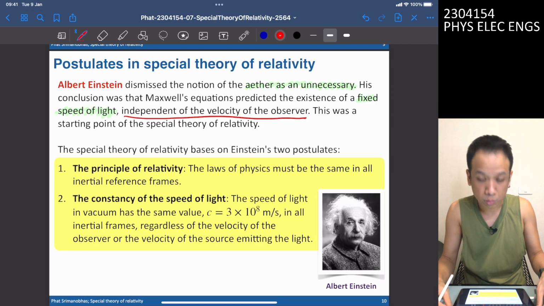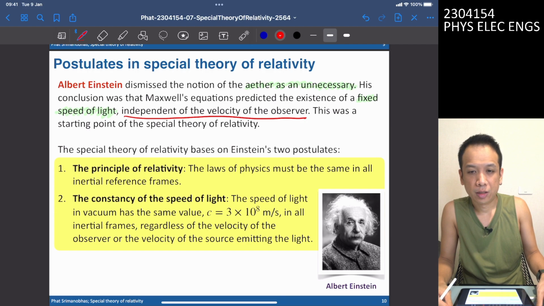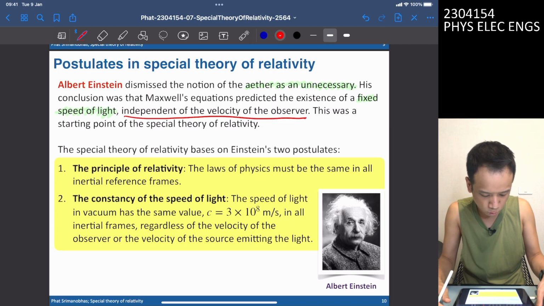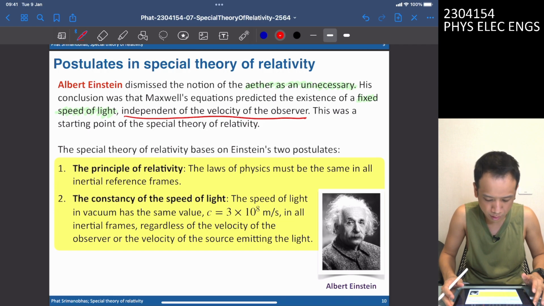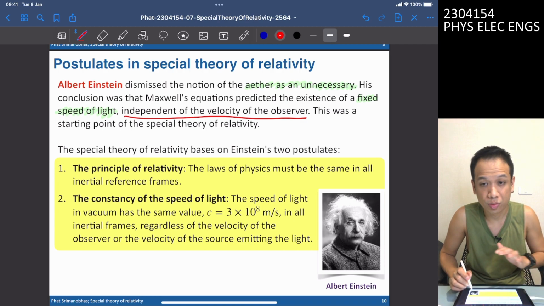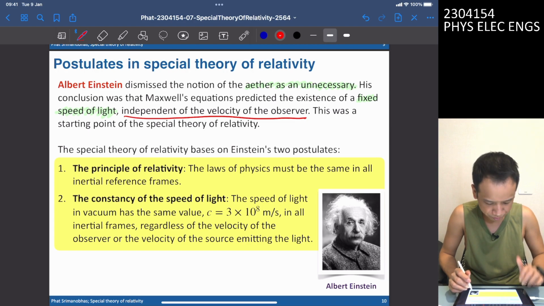So he wrote two postulates. A postulate is something that you don't need to prove; it's something that you believe to be true. The first one is basically the basis of relativity since Galileo: the laws of physics must be the same in all inertial reference frames. So nothing changed from the Galilean transformation.